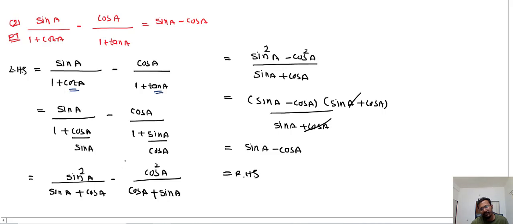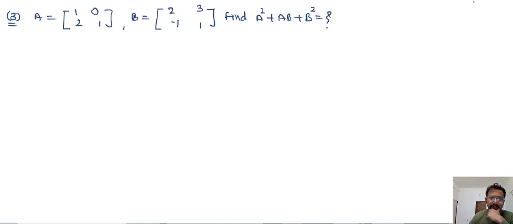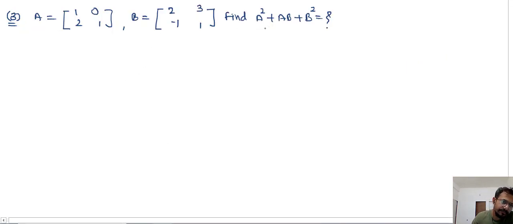Okay, in this example A is given to you, B is given to you. You want to find A square plus AB plus B square. So first we have to find A square. A square means A into A. So [1, 2; 0, 1] times [1, 2; 0, 1]. Row into column.